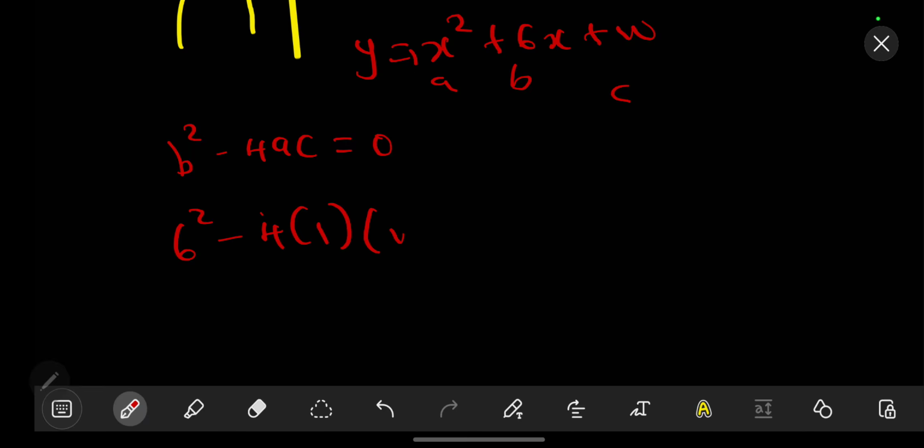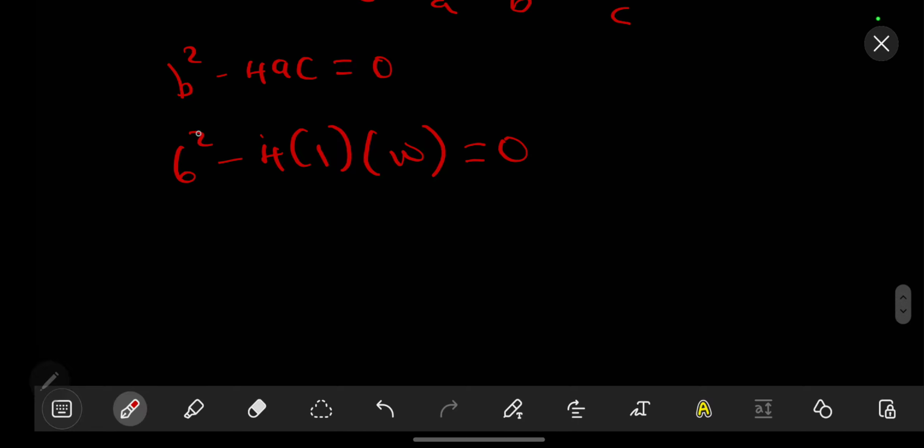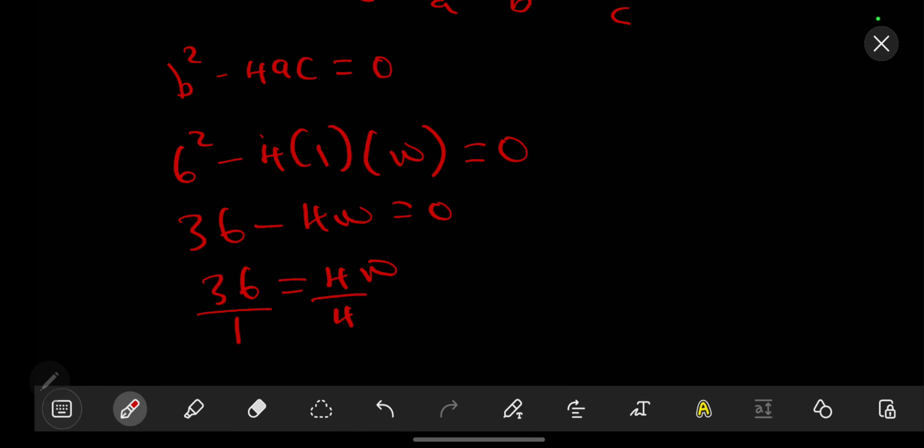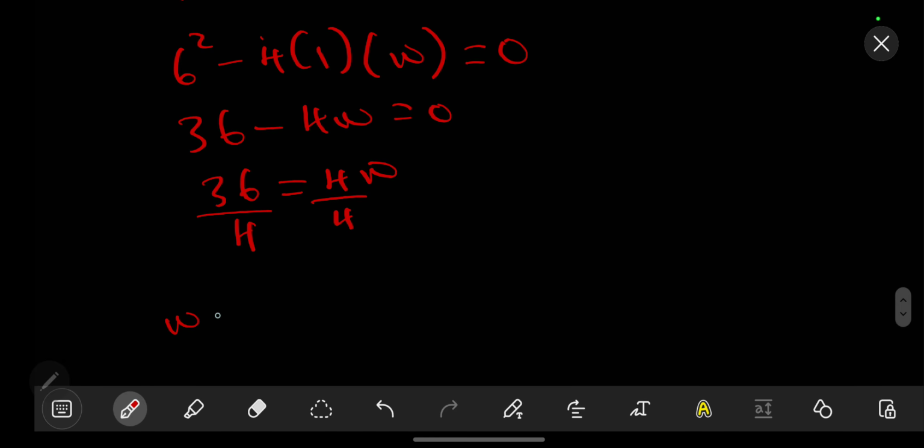Then our c is equal to w, should be equal to 0. So we are going to end up with 6 squared is 36 minus our 4w should be equal to 0. We take the 4w to the other side, so 36 should be equal to 4w, over 4, over 4. So our w value will be equal to positive 9 like that.